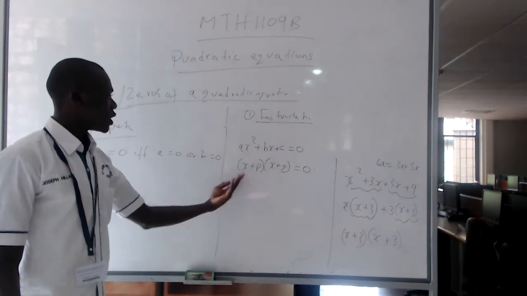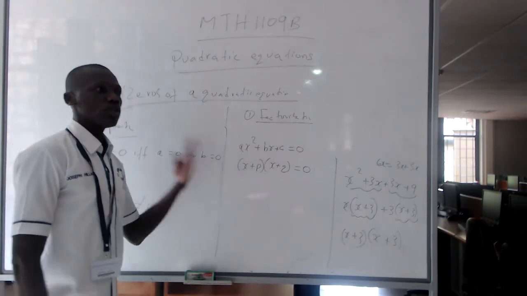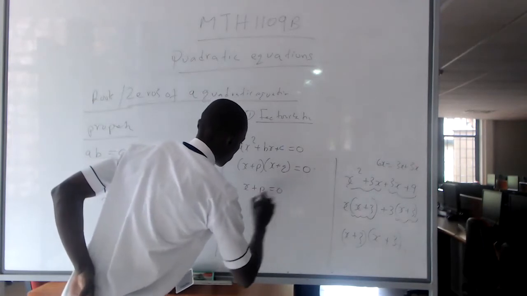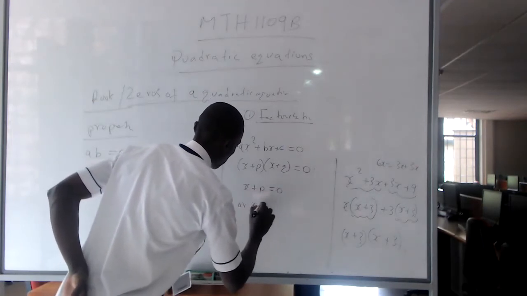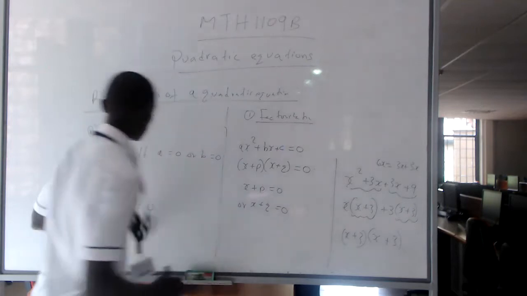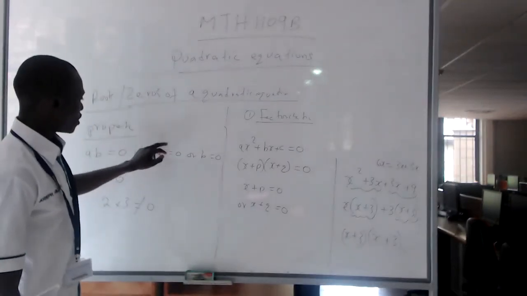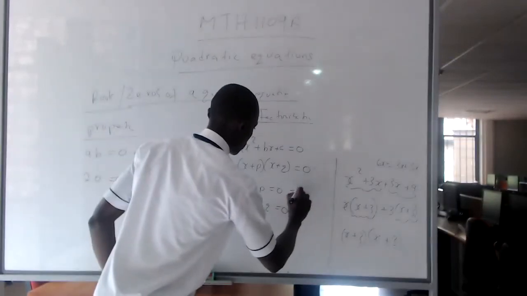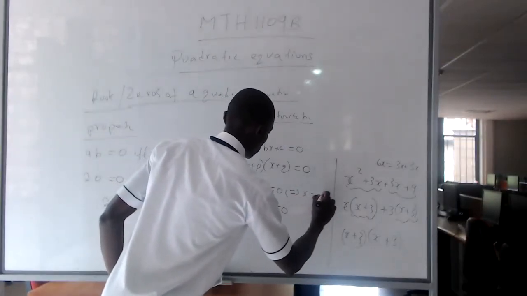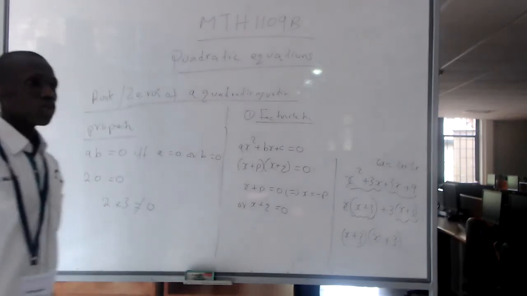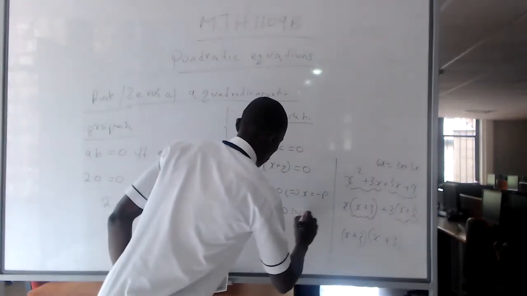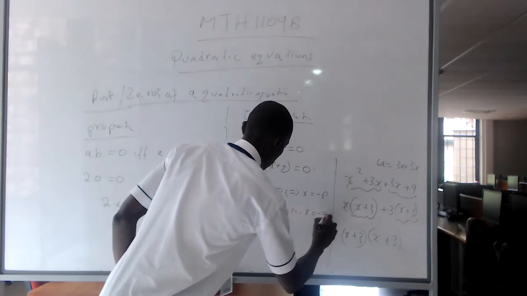The property tells you that the only way this can be 0 is if either x plus p is 0 or x plus q is 0. From x plus p is 0, you get that x is equal to minus p. It's a linear equation, which is very easy to solve. And from x plus q is 0, you get that x is minus q.